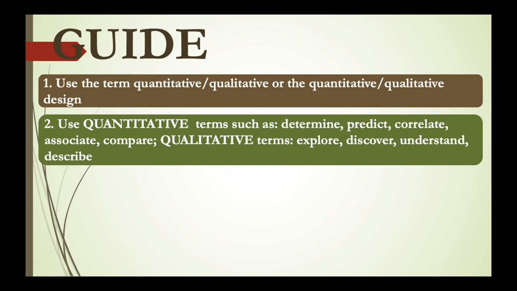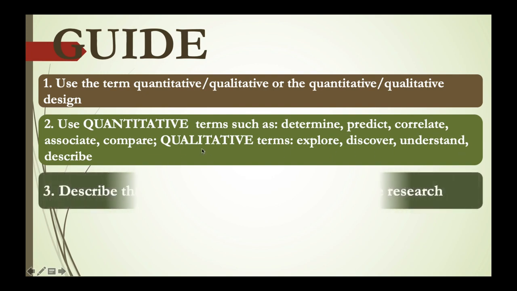If you are doing quantitative research and the purpose statement says, for example, this quantitative study wants to understand or wants to discover, there might be inconsistencies in the use of terms in phrasing your purpose statement. So for quantitative, use determine, predict, correlate, associate, compare, and these other terms for qualitative.